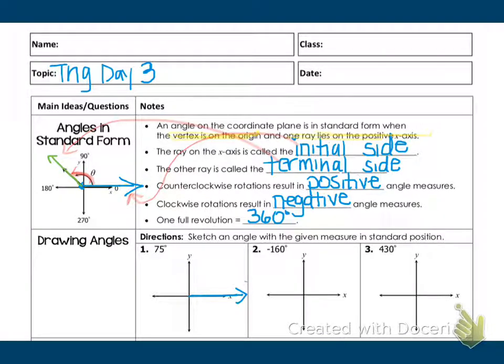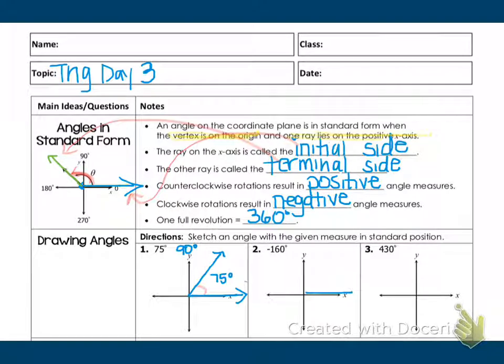This is a positive 75 degrees, so I rotate in the positive direction, up 75 degrees. Since straight up is 90 degrees, I know it must be just shy of that. So approximately here would be a 75-degree angle.